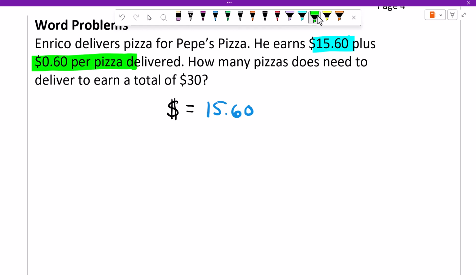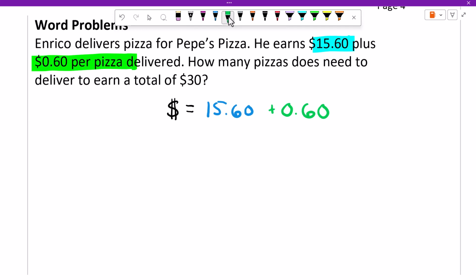So is that going to be adding 60 cents a pizza, subtracting, multiplying, dividing? Adding. Every pizza he delivers earns 60 cents. So if I go plus 60, that's how much money he'd make if he delivered one pizza.